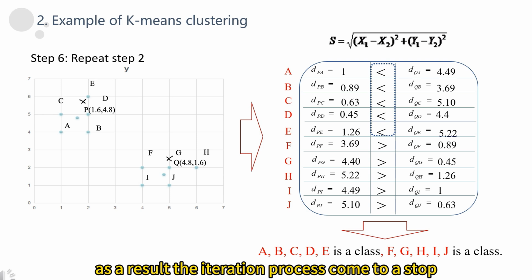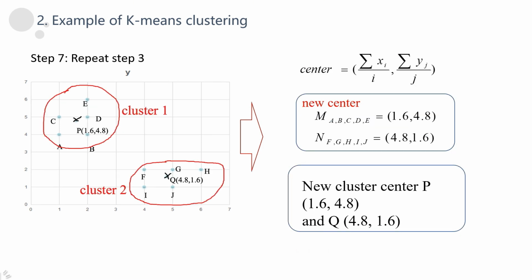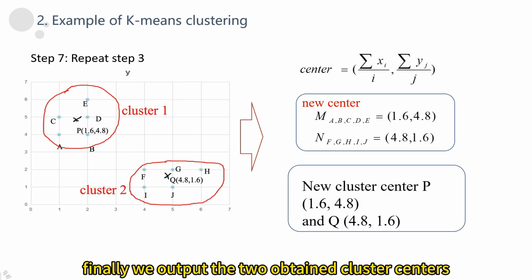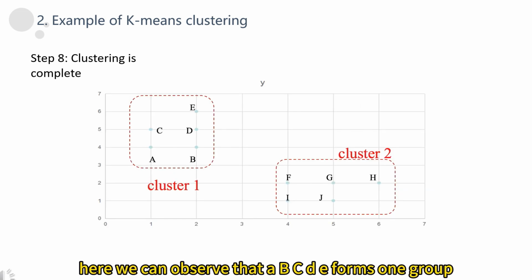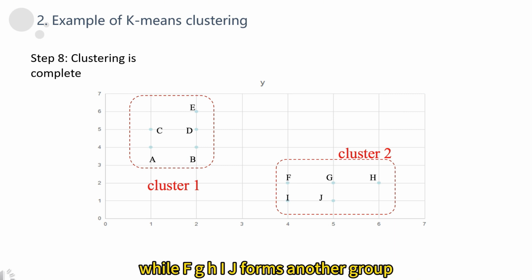As a result, the iteration process comes to a stop. Finally, we output the two obtained cluster centers, which serve as the results of the algorithm's computation. Here, we can observe that ABCDE forms one group, while FGHIJ forms another group.